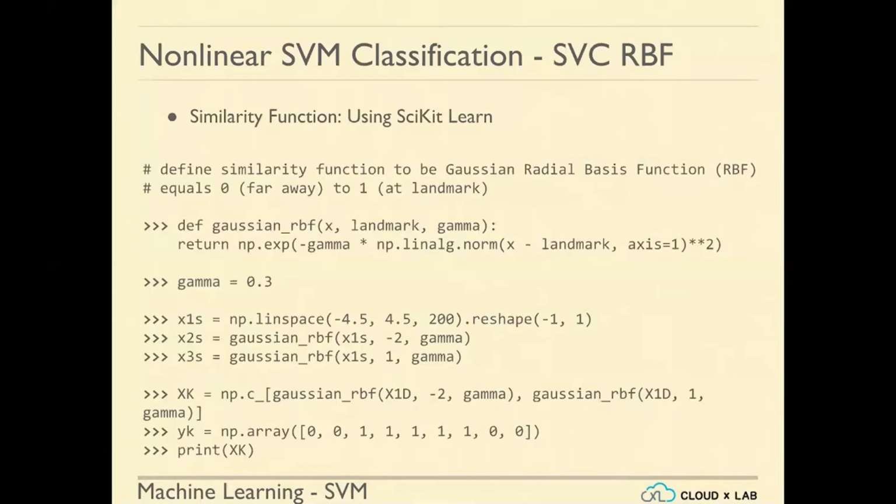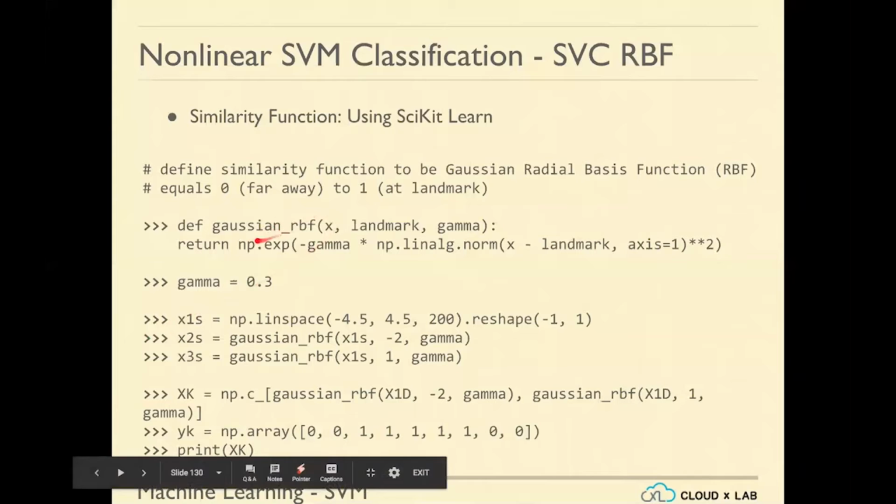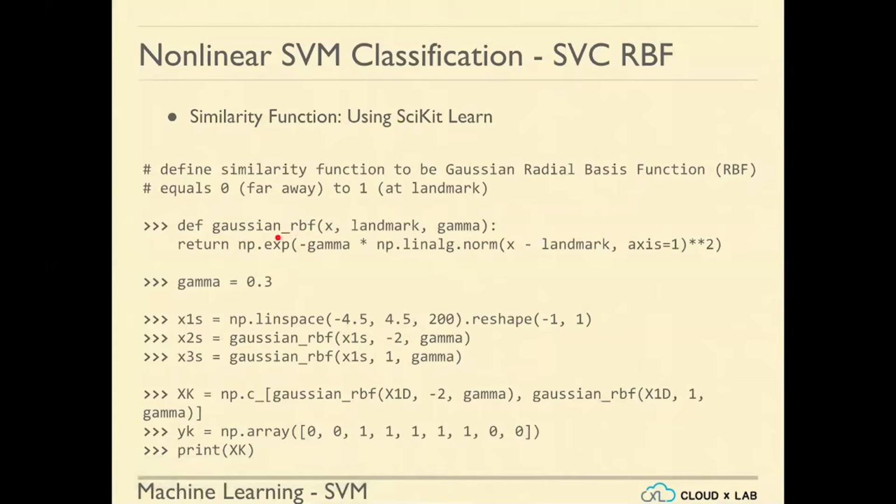Using scikit-learn, we can define the similarity function to be the Gaussian radial basis function, which goes from 0 far away to 1 at the landmark. We can simply define our own function. We call that the radial basis function, RBF, or Gaussian. This is how we computed e to the power minus gamma multiplied by the L2 norm of x minus the landmark.